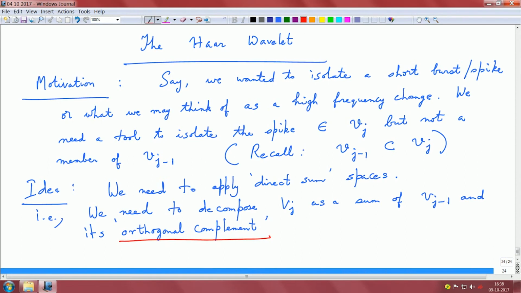That is, take the space Vj, decompose this space into some Vj minus 1 and its orthogonal complement, right, and what we mean is Vj minus 1 and this other space, they are orthogonal complements of each other, right, and the original space Vj is basically decomposed into these two spaces.